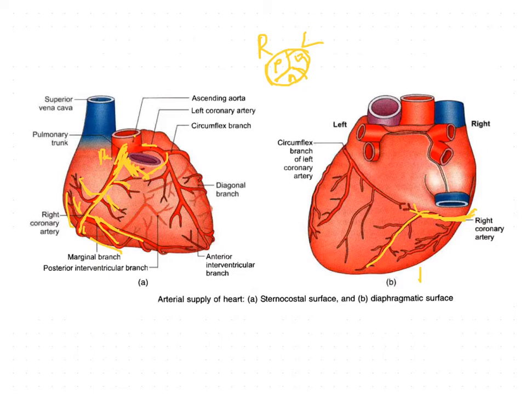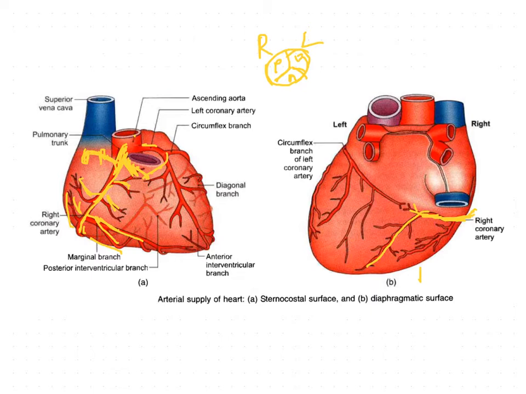And this right coronary artery also gives branches to the conducting system, that is, the right coronary artery supplies the SA node in 60% of cases. Only 40% of cases are supplied by the left coronary artery.